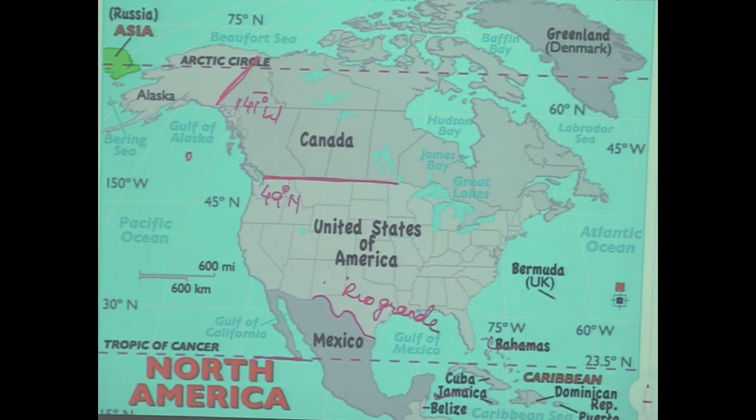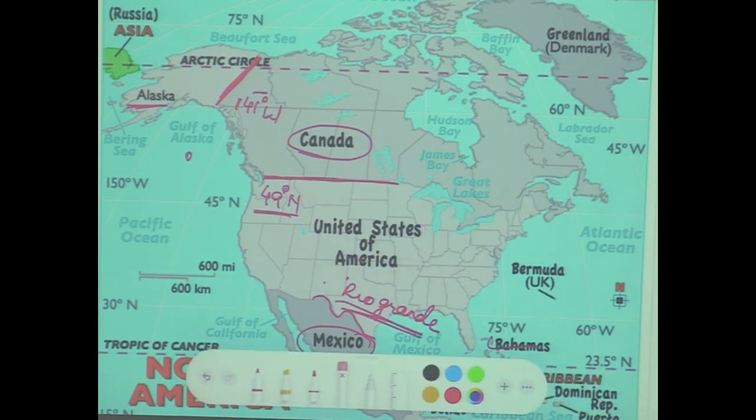Before I elaborate, the international boundary between Mexico and the United States of America is drawn by the river Rio Grande. The international boundary between USA and Canada is drawn by 49 degrees north latitude. The international boundary between Canada and Alaska is at 141 degrees west longitude. These are the important cardinals, but this doesn't suffice.